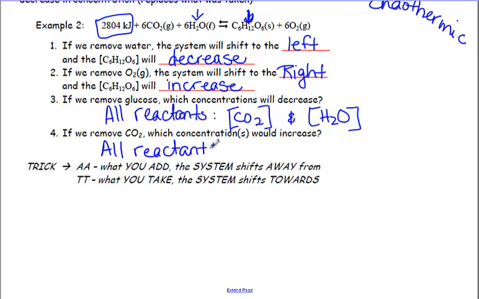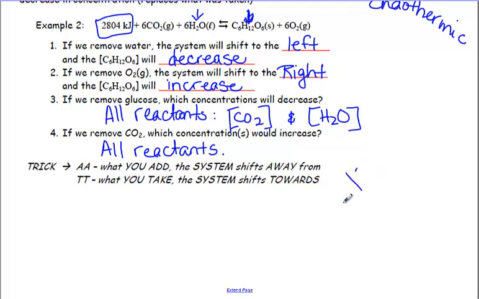Notice the difference between 3 and 4 though, because I removed something on this side. So the concentrations that decrease are going to be everything on the left. But when I remove something on this side, everything will increase and everything over here will decrease. Very confusing, but please take your time to try to remember what's going on here.